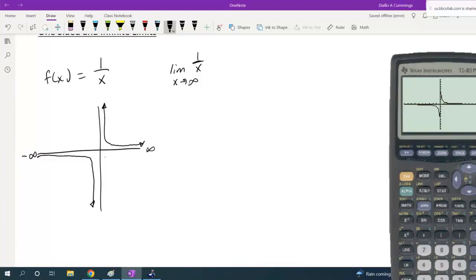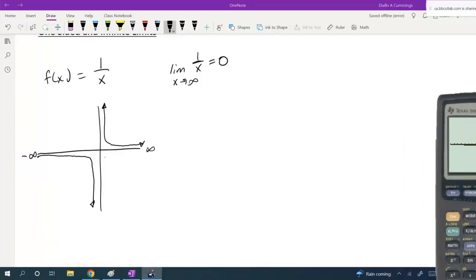So the limit of 1 over x as x approaches infinity actually has a value of 0. The same thing is true for the limit of 1 over x as x approaches negative infinity. As the x value gets smaller and smaller, it approaches the x-axis, but will never actually touch it. So that limit is also 0.